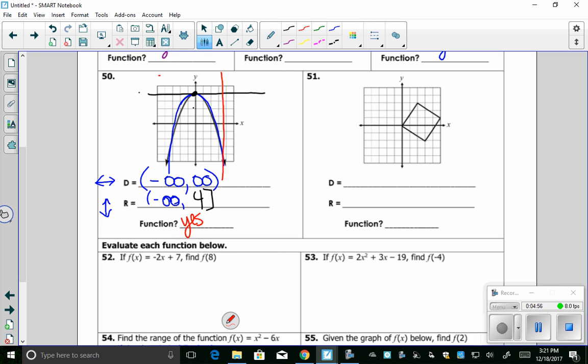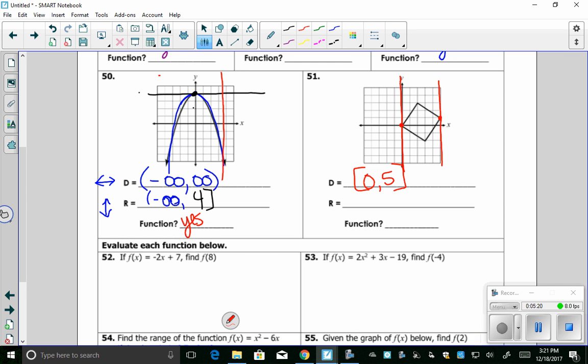51. The furthest to the left the graph goes is here, 0. The furthest to the right this graph goes is there, and that is 5. It touches both points.